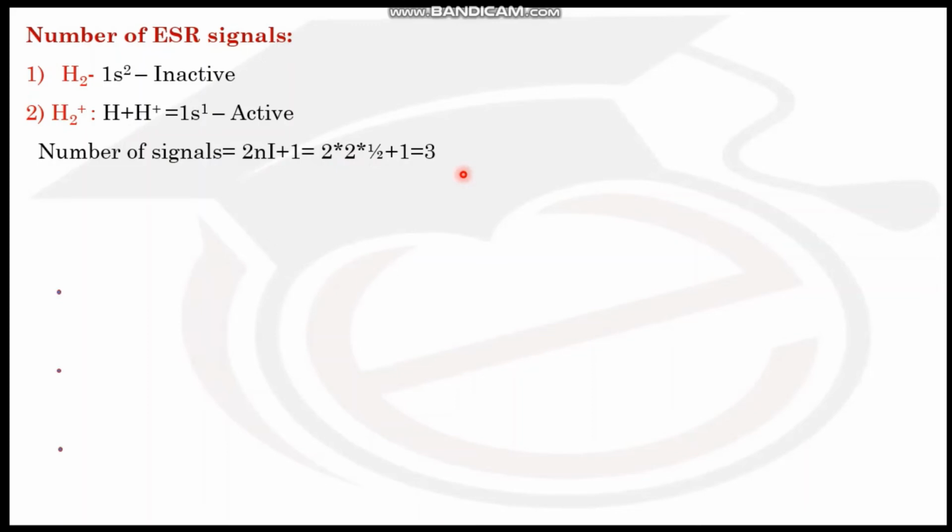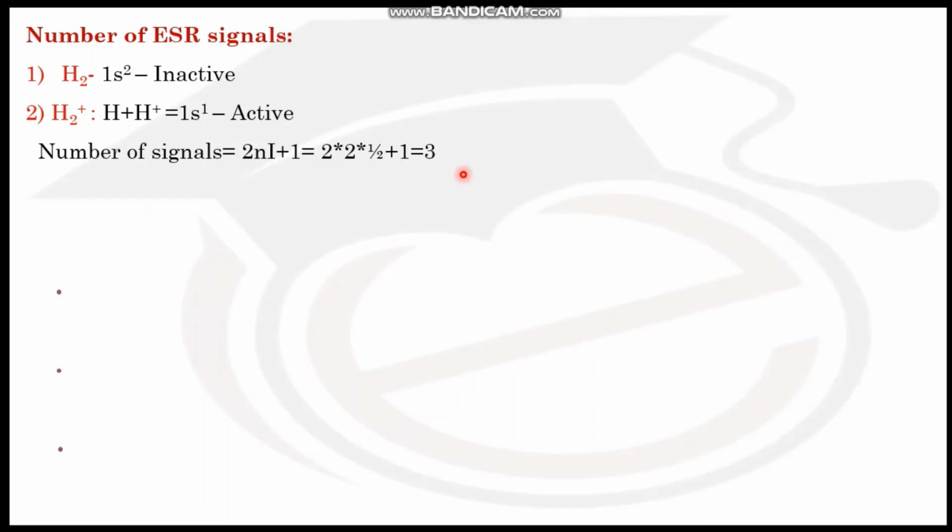The H1 nucleus has a nuclear spin, so it is able to split. Sorry, not NMR active nucleus, that's okay, but it has a nuclear spin. So the number of signals will be 2 into 2 into 1/2 plus 1.